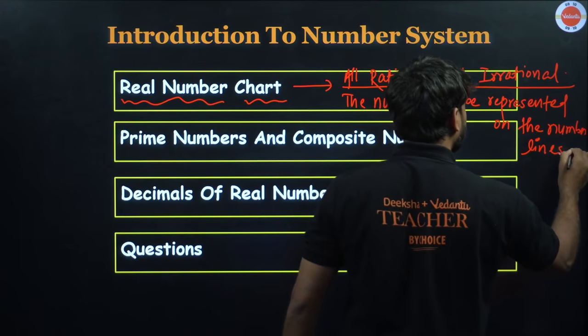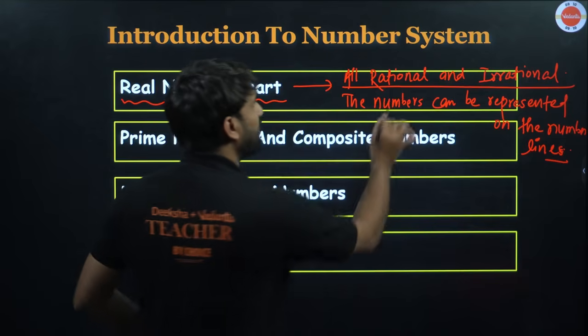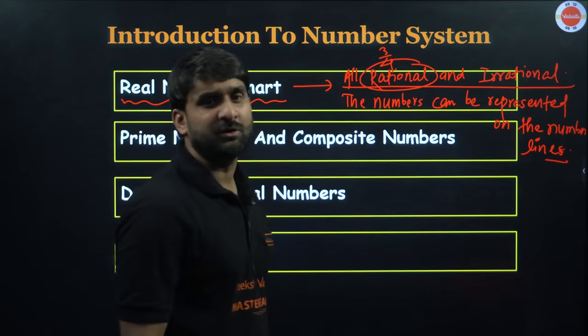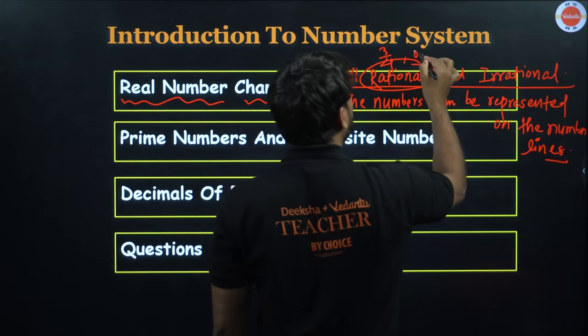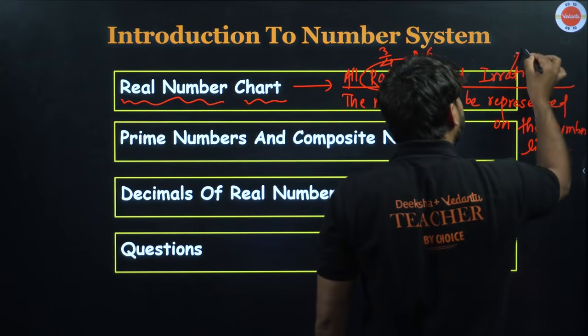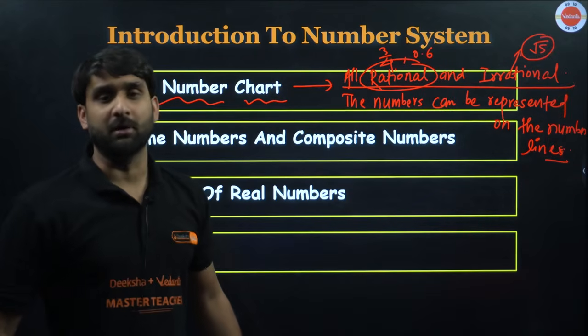Such numbers are called real numbers. Whether we talk about a rational number 3/4, yes, we can represent it on the number line. If I write here 0.6, we can represent it on the number line. Even an irrational number √5 can also be represented on the number line.